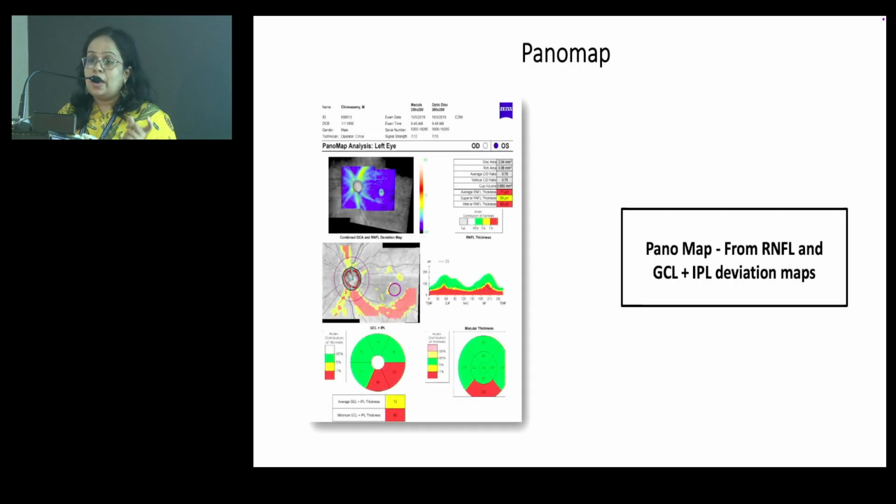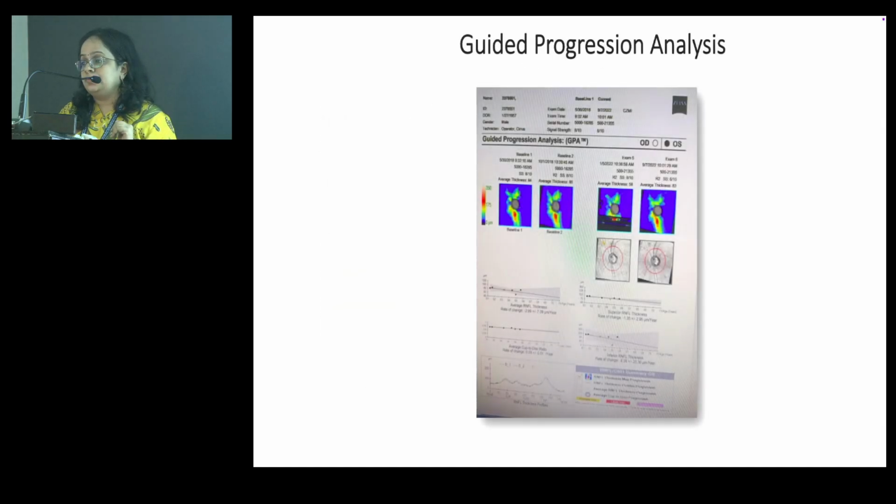And there is also the panomap, which combines RNFL values with those of the ganglion cell IPL complex. So it's important to monitor the macular changes, like GCL and IPL thickness, along with the progression. And this is the guided progression analysis, which tells you about the average RNFL thickness.